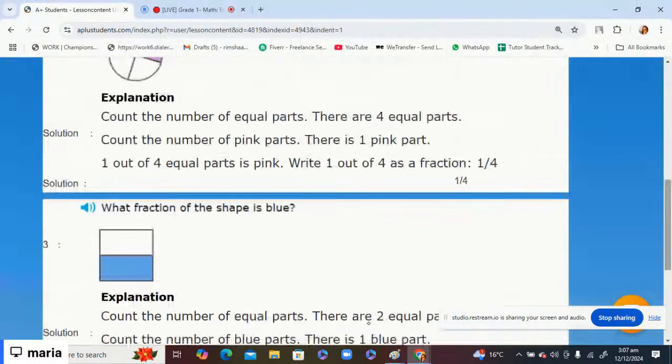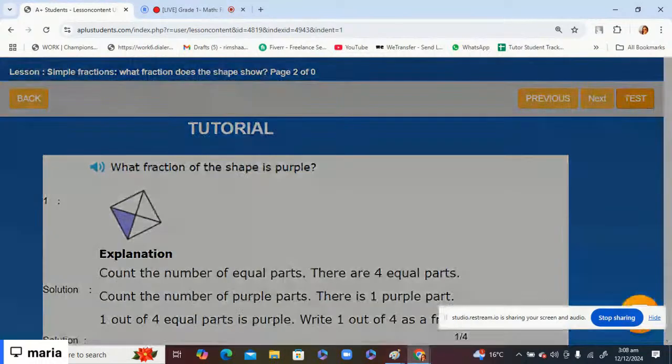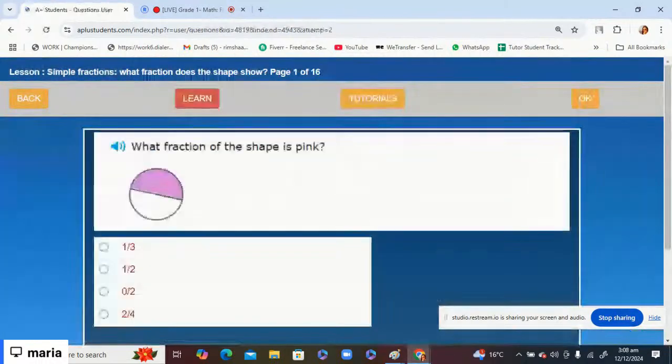Now let's do the test questions. This one asks what fraction of the shape is pink. First of all, now you guys tell me the answer. I'm waiting. How many total parts does this circle have?